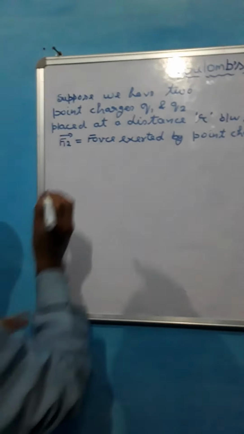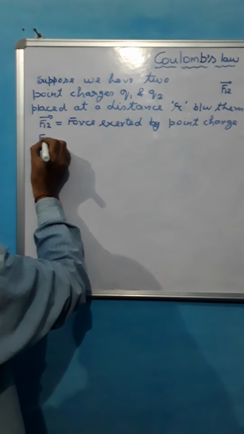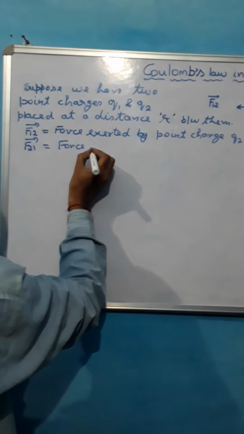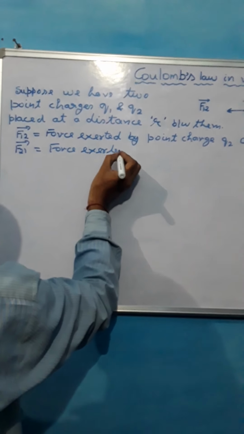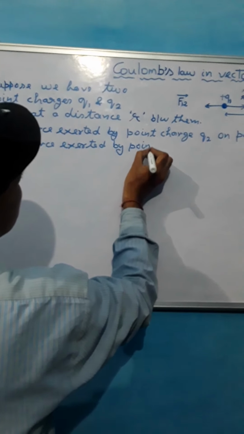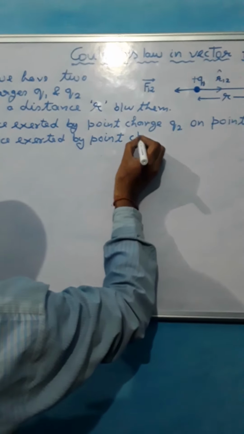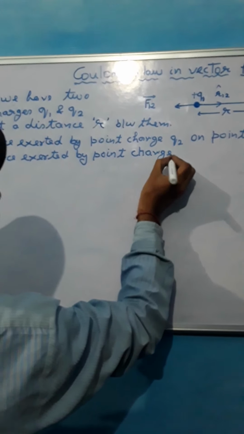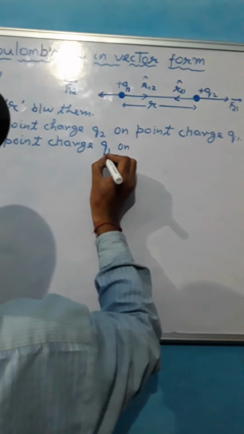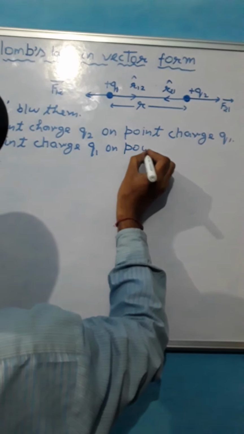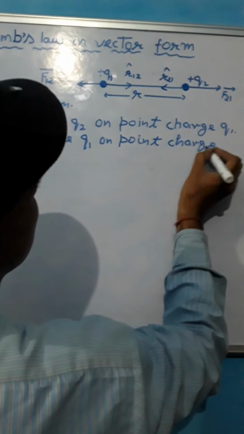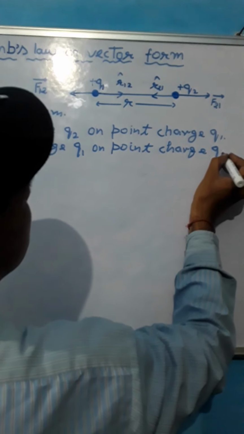In the same manner, F21 is the force exerted by point charge Q1 on point charge Q2.